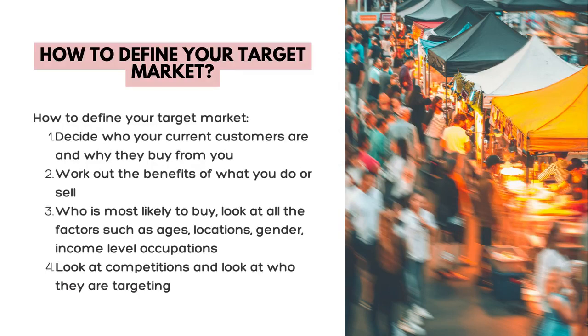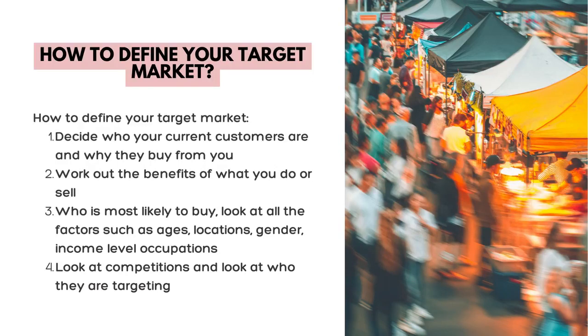So look at number one, and then number two is work out the benefits of what you do or sell. You want to be giving a solution to a person's problem. That's basically what you want to be there for. So if someone can't do something, they need to understand that you can help. So understanding what you can offer is really, really important.